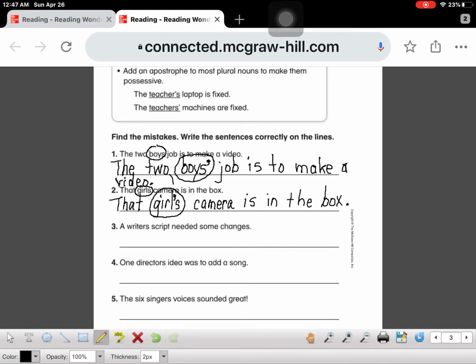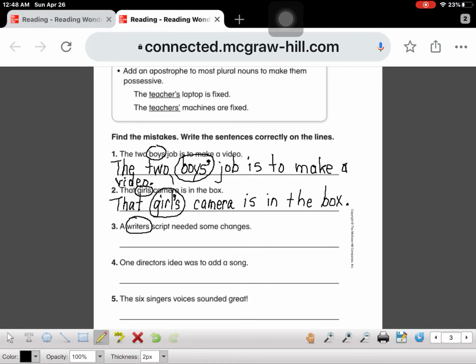We're not talking about more than one. So since we said a, we're talking about just one writer. So what belongs to the writer? The script. So the word writer is the word that we are going to add the apostrophe to.